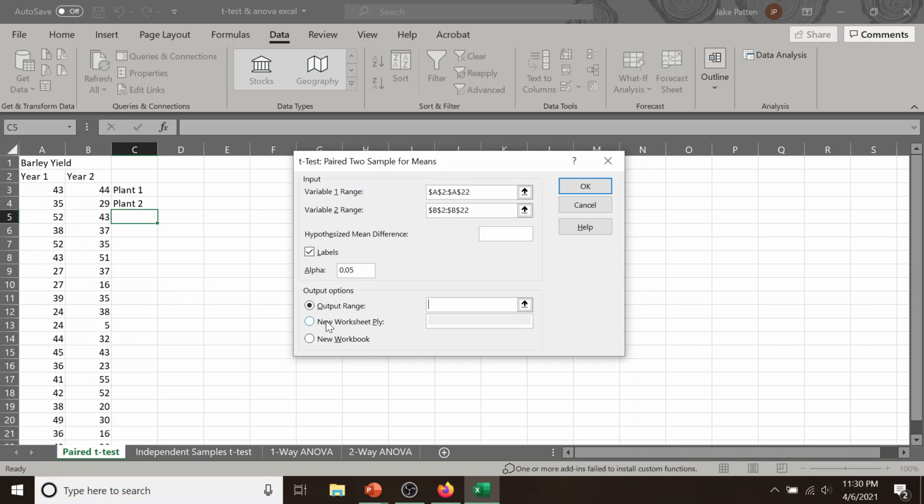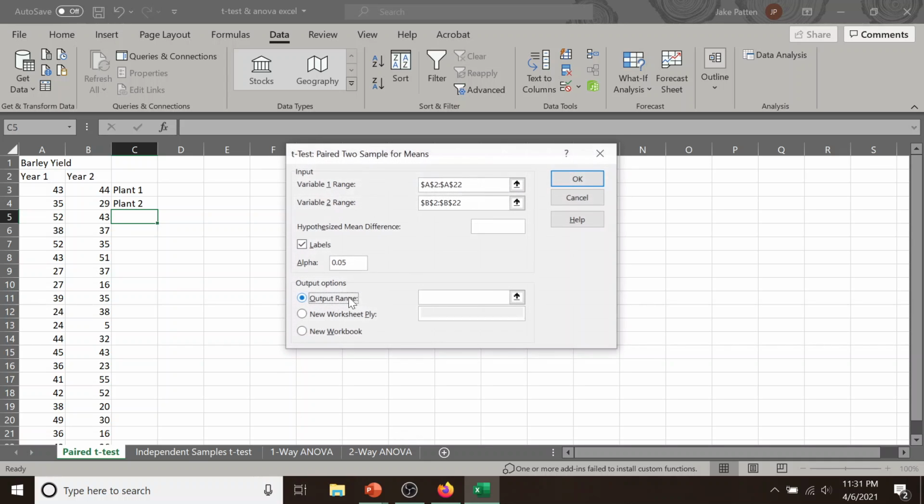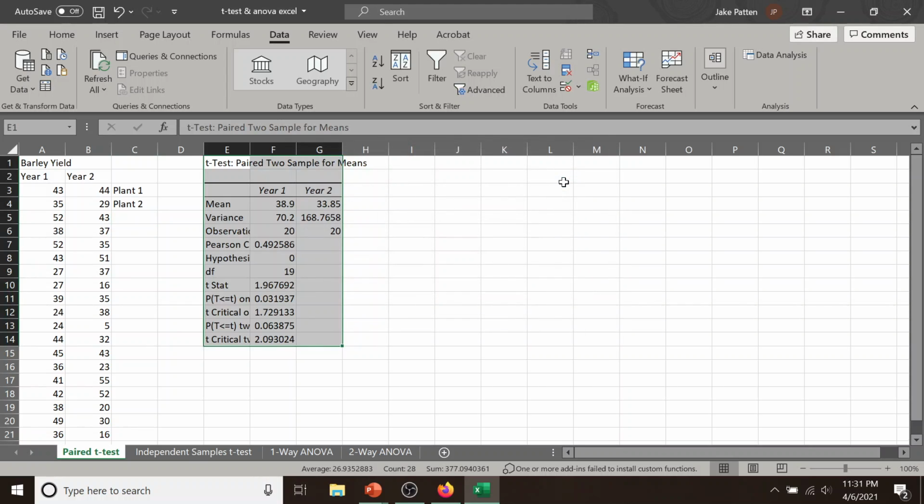And that's what I'm going to do. You could also do a new worksheet. You could type in a name here, and it would make a new worksheet down at the bottom with your results. But I want to keep everything on the same sheet for now, so I want an output range in E1, and that's it.